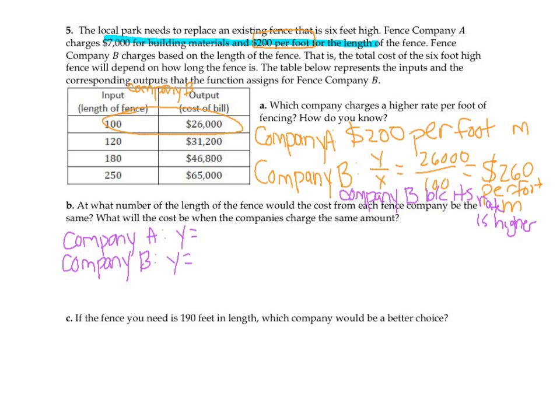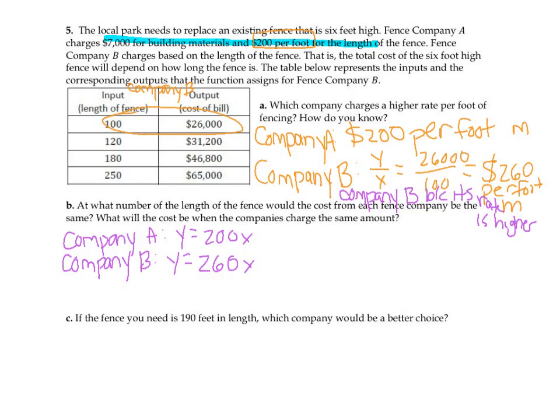Well, we already know our m for Company A and our m for Company B. Our m for Company A from part A was 200. So we have y equals 200x. Our m from Company B was 260. So for Company B's equation, we have y equals 260x. So now we have to figure out our b's. For Company A, it tells us that Fence Company A charges $7,000 for building material.